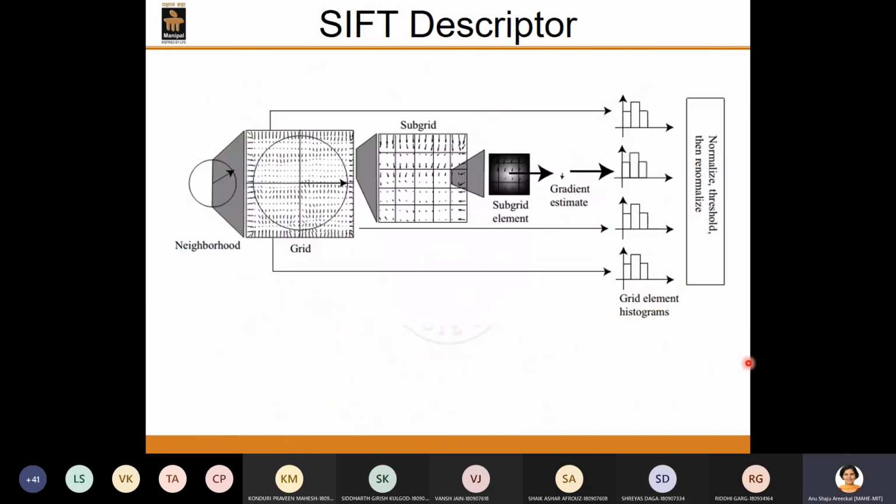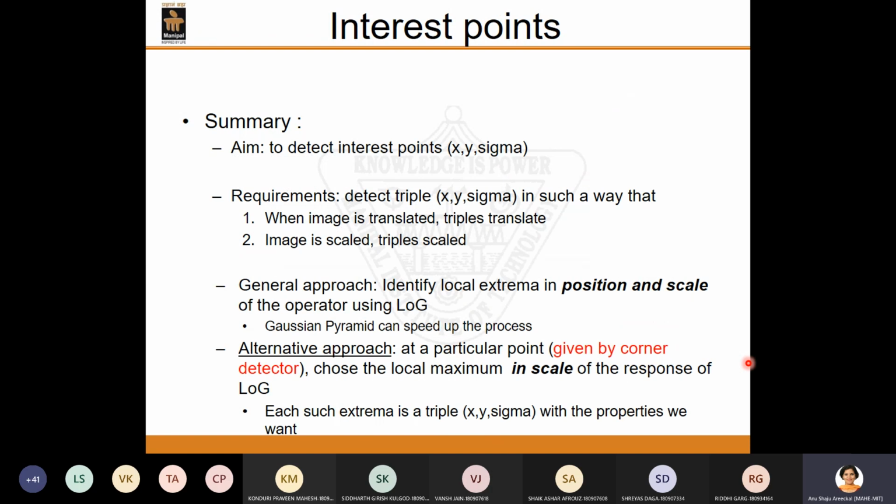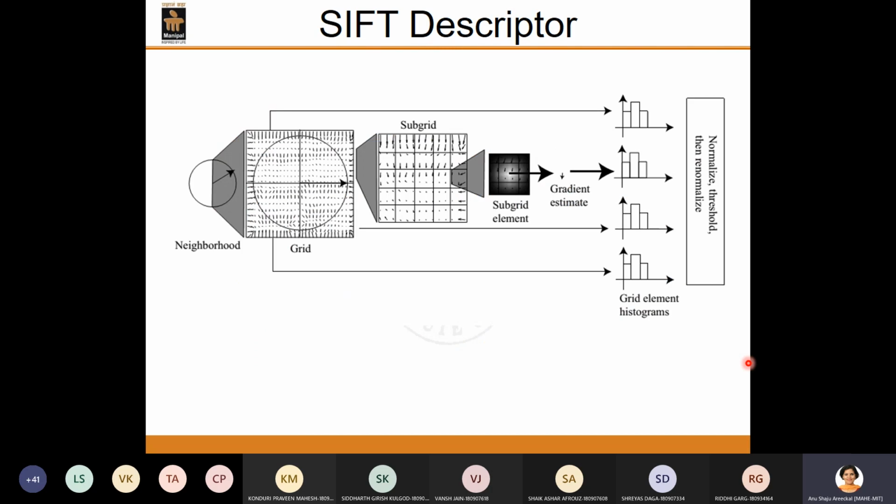As before. Now, along with this x, y, and sigma, we also calculate the orientation, which we'll see over here. By varying the size of sigma, a larger value of sigma detects larger blobs, and a smaller value of sigma represents smaller blobs, right?